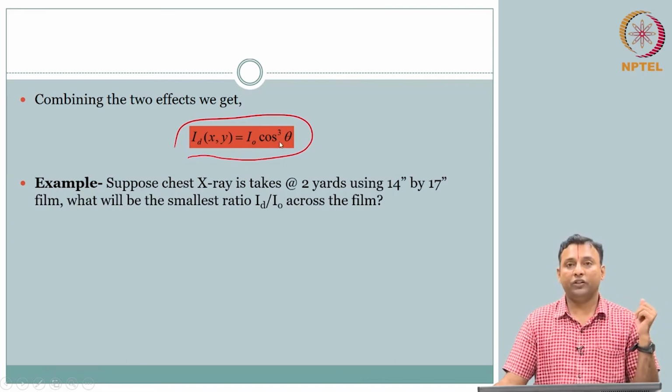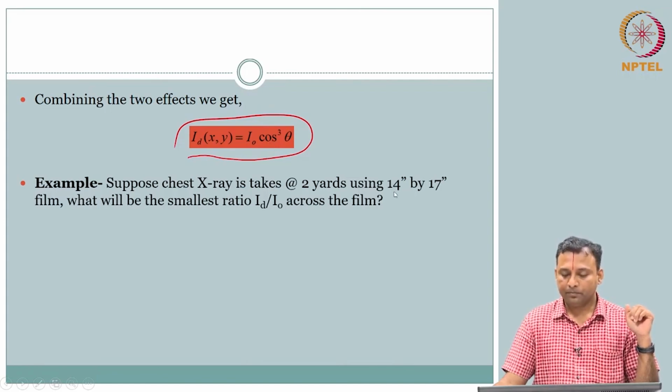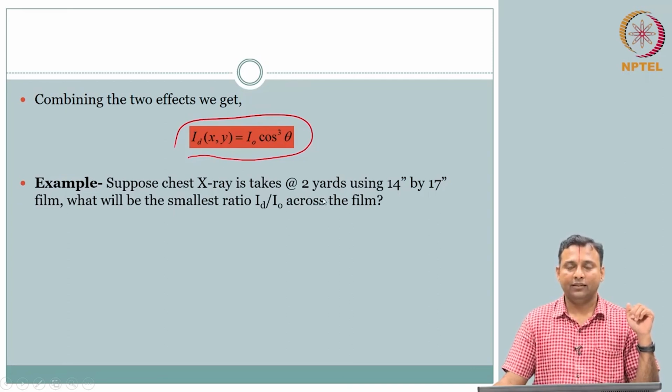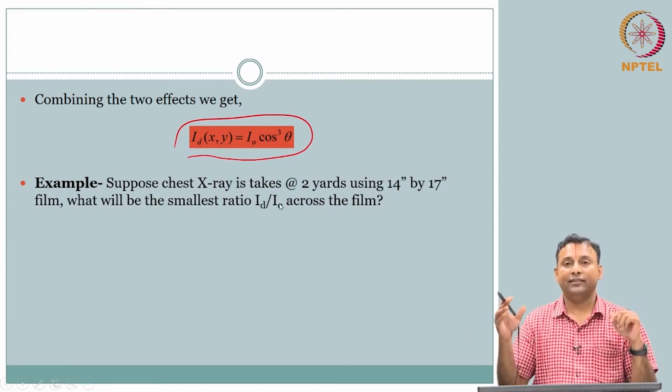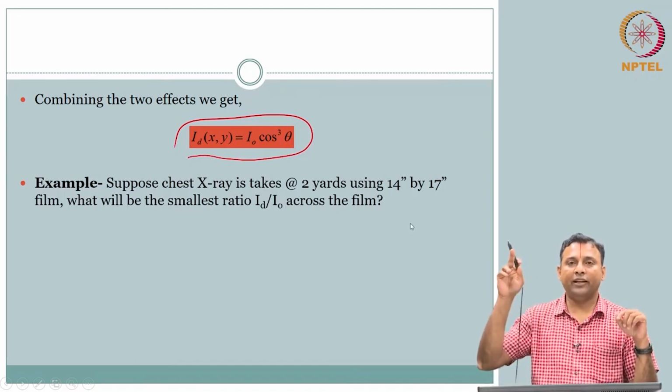So, what is your cos cube theta? First, if you can find this, that is what we want. What information do we have? We have the dimensions and d, the distance. First identify the point which is the farthest from the center. This is a rectangle, so the farthest point is going to be along the diagonal, that corner.